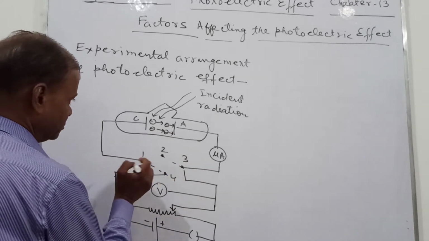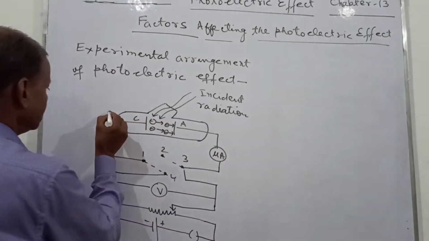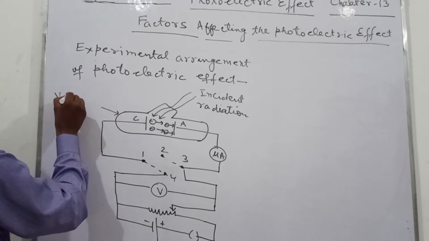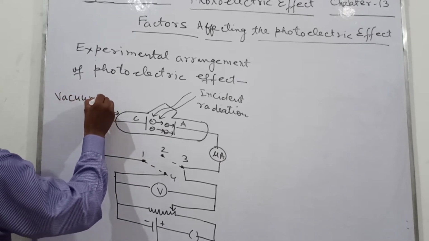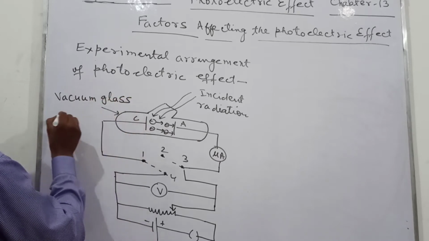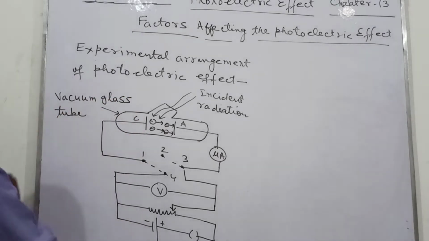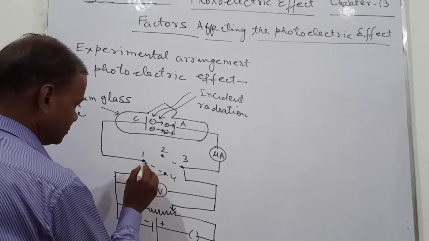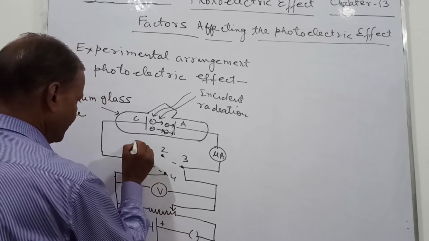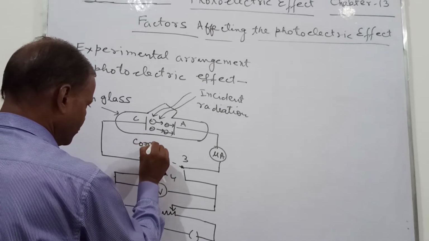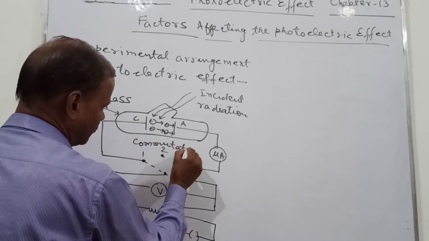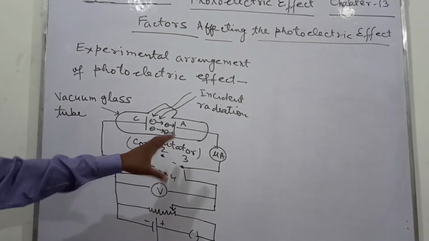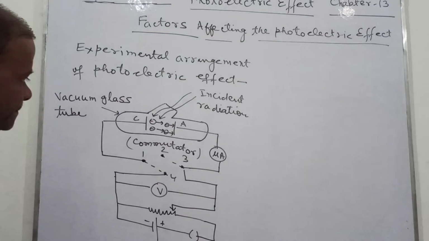This is our commutator, with 1, 2, 3, 4. This is a vacuum glass tube. The commutator can be rotated, so the potential can be changed.